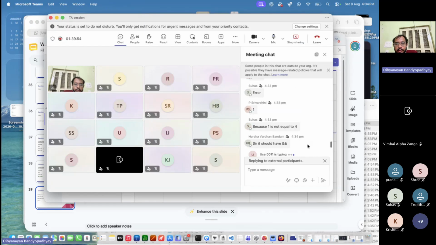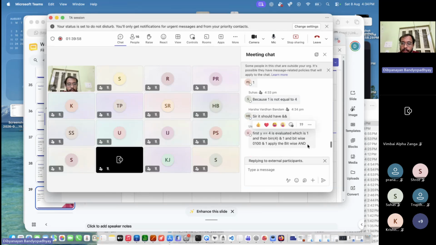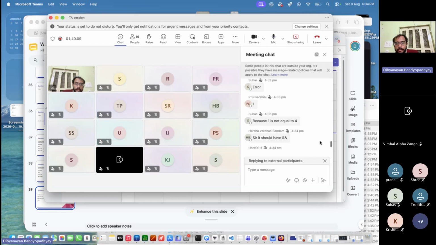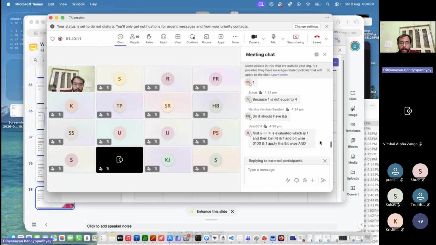Because one should have been... no, it is bitwise and. Okay. First y equal to 4, 1. Yeah, the user is correct. So let me explain. It is not logical and, it is bitwise and.